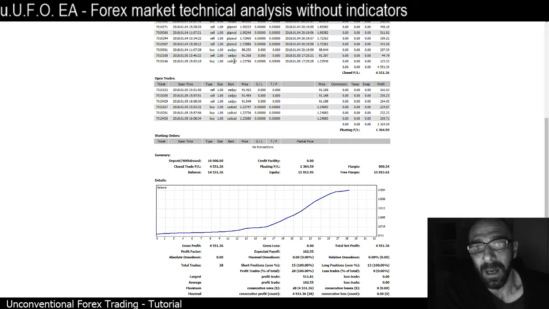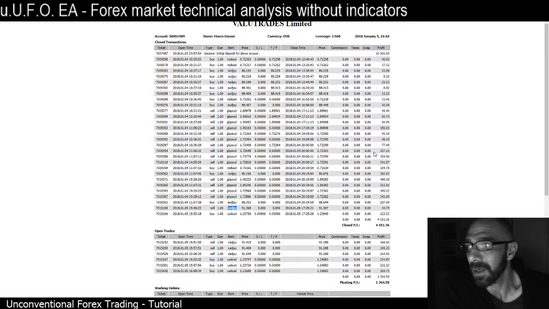I made a little test with CAD yen and USD CAD in sell and in buy today. See, here the trades are of the 4th, and here are starting the trades of the 5th. And then I took positions, and keeping positions, this was a statement of some hours ago, 1 hour ago.